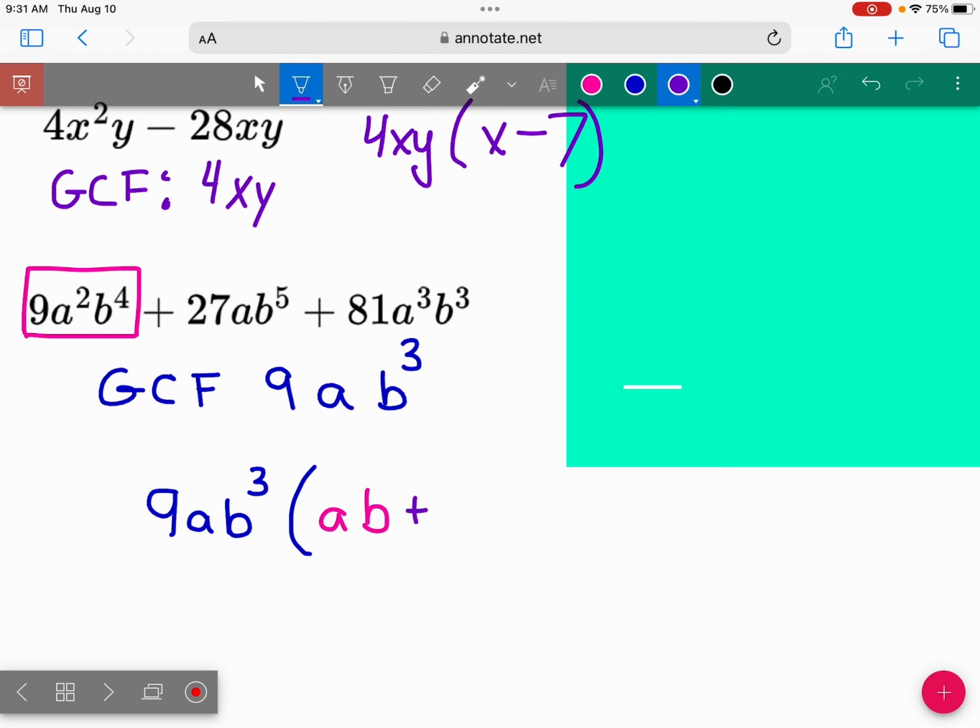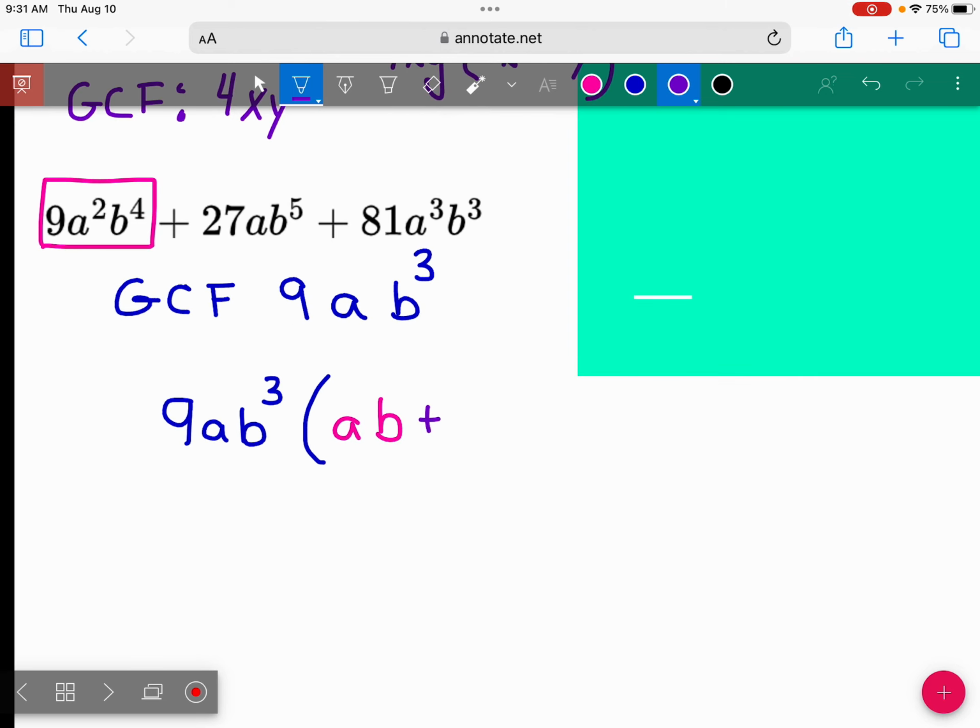So if it helps you, make little baby fractions of these and just simplify it. 27ab to the 5th divided by 9ab cubed. That's what we're doing right here. That's this guy.